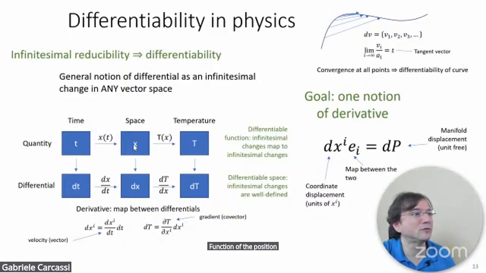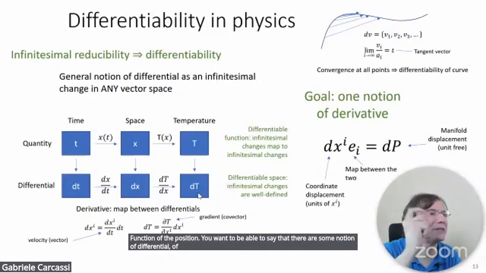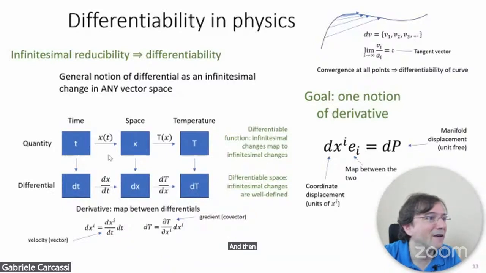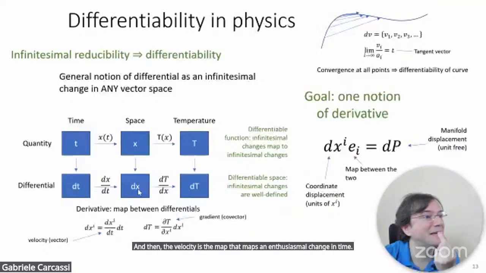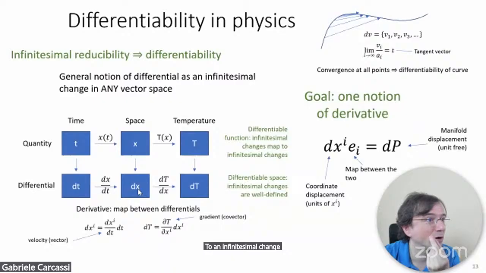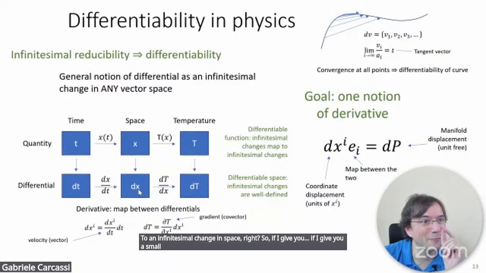You want to be able to say that there is some notion of differential, of things that are becoming small, and then the velocity is the map that maps an infinitesimal change in time to an infinitesimal change in space, right? So if I give you a small change in time, I multiply by the velocity, I get an infinitesimal change in space.